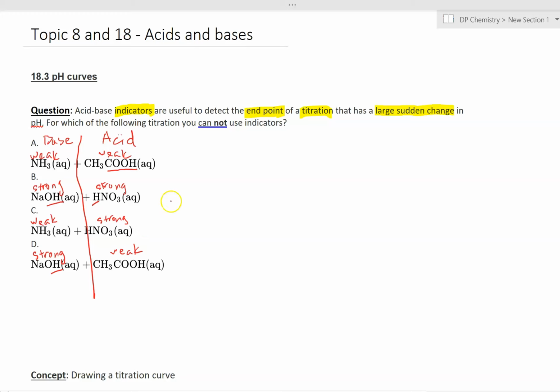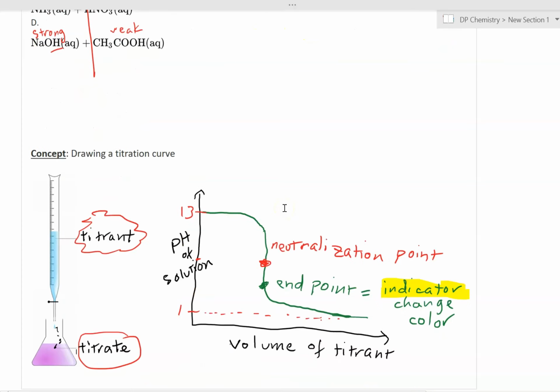So essentially, this question is asking whether a mixture between a weak or strong acid or base, which combination will not give you a large sudden change in pH, therefore you cannot use an indicator. Looking back at our titration curve, the sudden change in pH is caused by the difference between your starting titrate and your ending titrant.